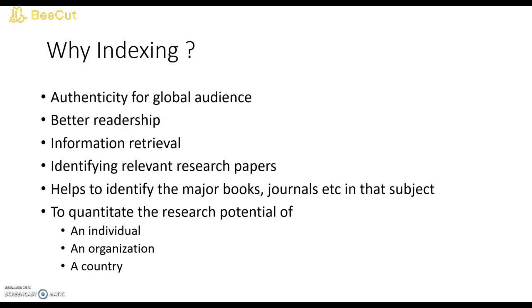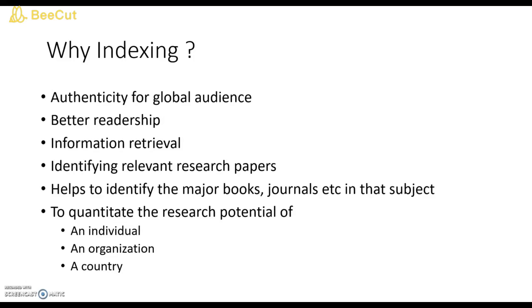Also it helps to identify the major books or the journals in that particular subject. Not more than that, we can refer to better research papers for getting it better indexed. So this is the take home message.